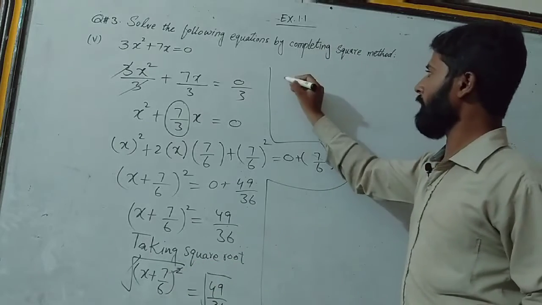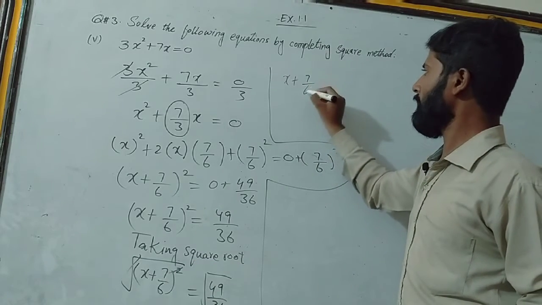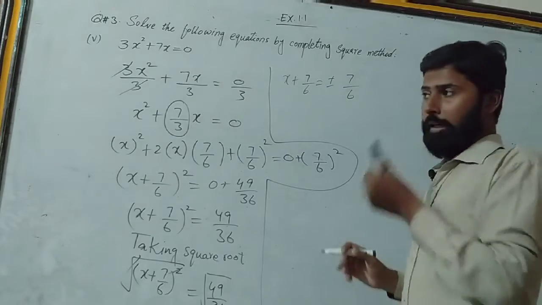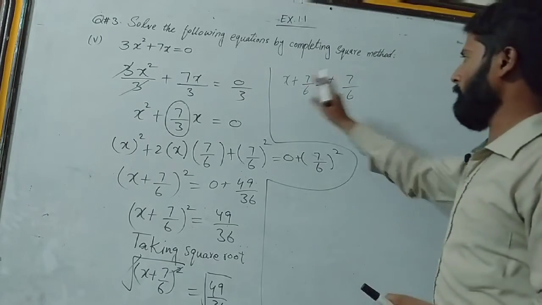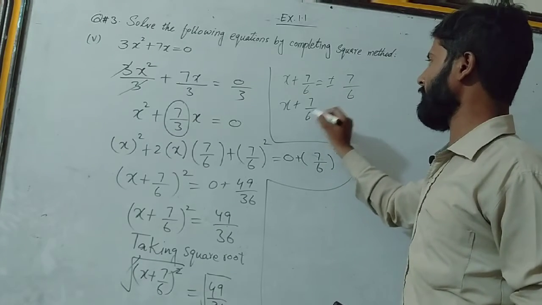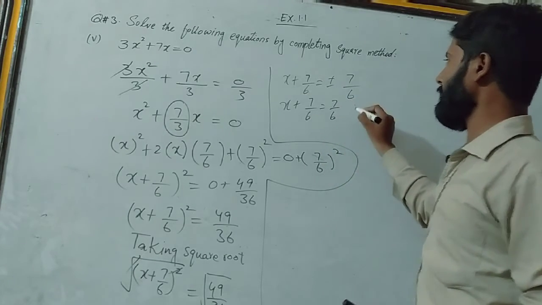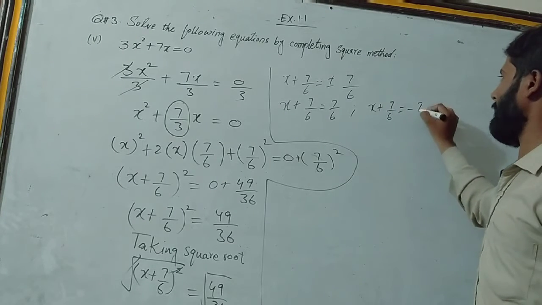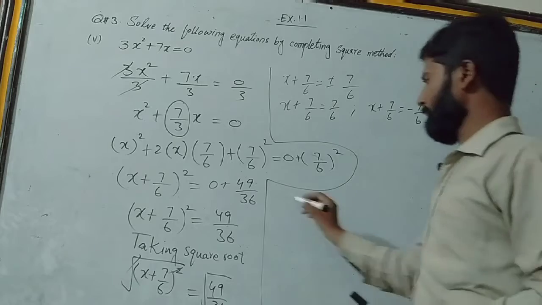X plus 7/6 is equal to plus minus 7/6. Now one term we will write with plus 7/6 and one term with minus. So x plus 7/6 is equal to 7/6 and second x plus 7/6 is equal to minus 7/6.